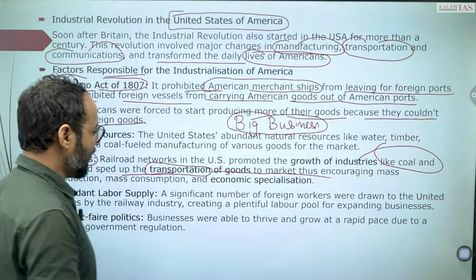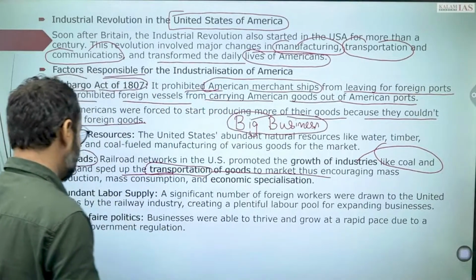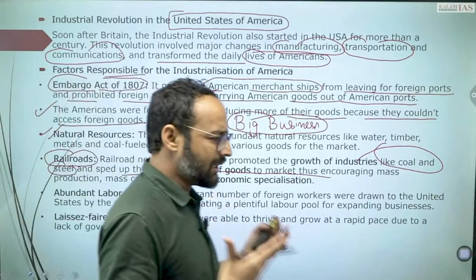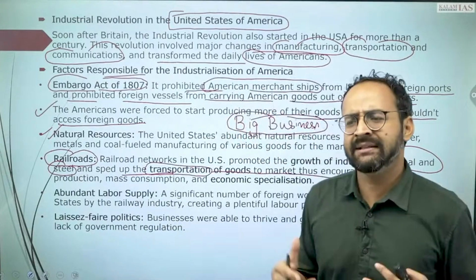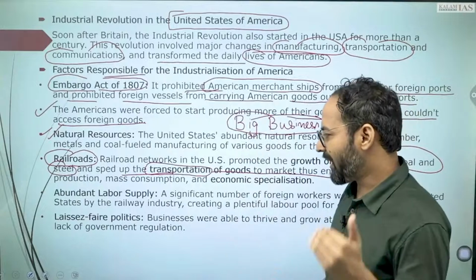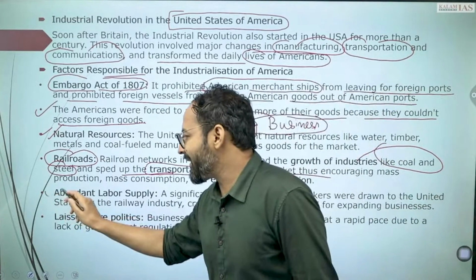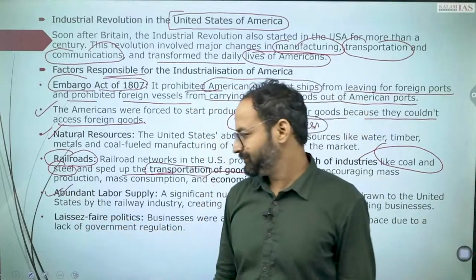Abundant labor supply: a significant number of foreign workers were drawn to the United States because it was called a land of opportunities. Be it Spanish, be it French, all people were drawn to the Americas. And we call it the big American dream starting from then.